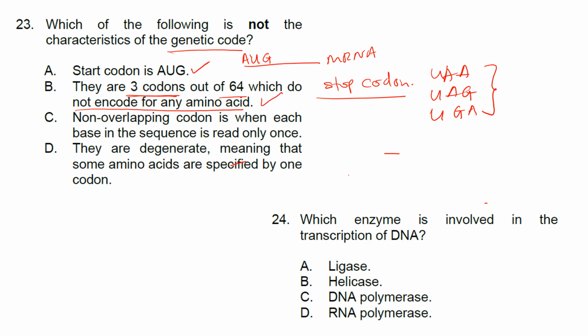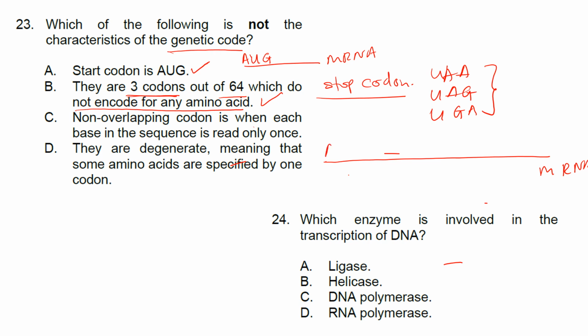Next, a non-overlapping codon is when each base in the sequence is read only once. For example, you have your long mRNA strand, and the mRNA strand will have a specific sequence.